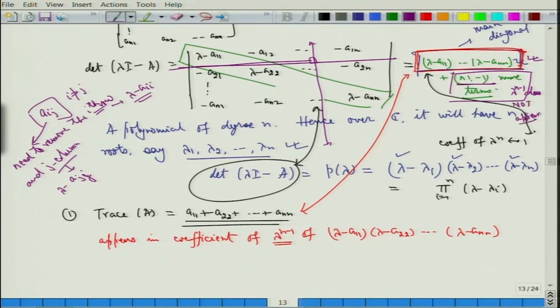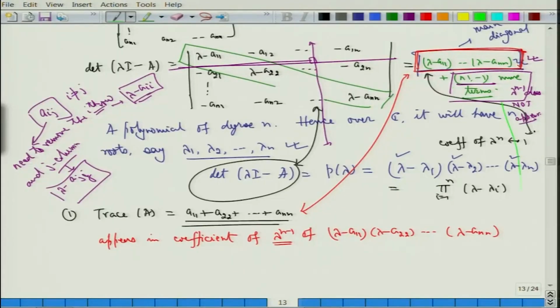Why? Basically because I will get some aij with i not equal to j, and that will get rid of lambda minus aii as well as lambda minus ajj, and therefore there will be at most lambda to the power n minus 2 terms.